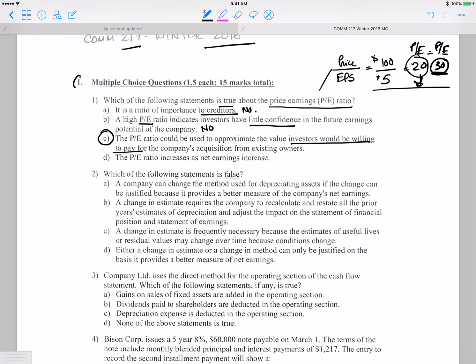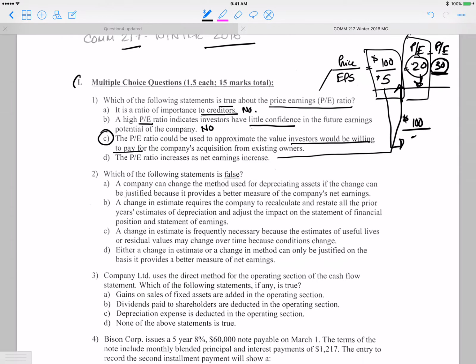Let's look at the fourth one just to make sure that's not true. PE ratio increases as net earnings increases. Let's compare this to our PE ratio of 20, based on 100 over 5. Say the earnings did increase, so we would still have a price of 100 over earnings.